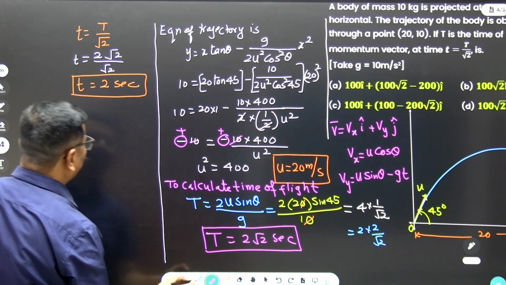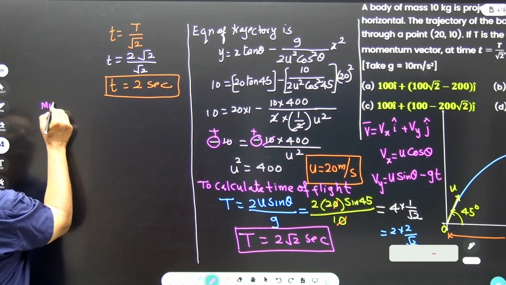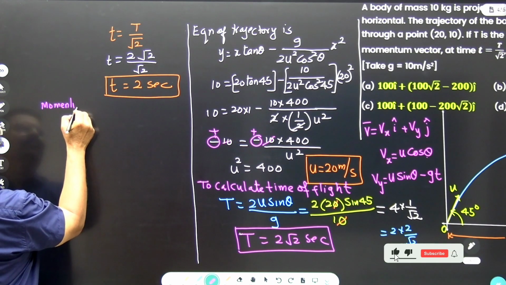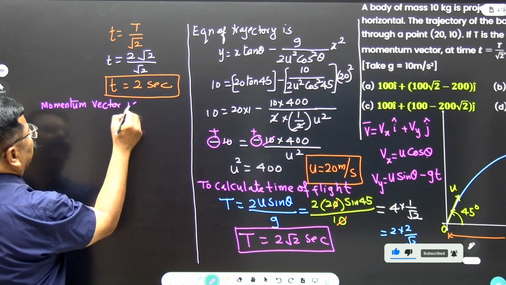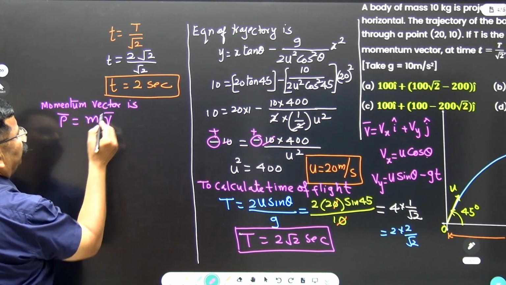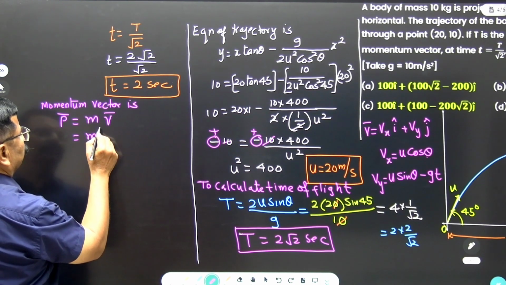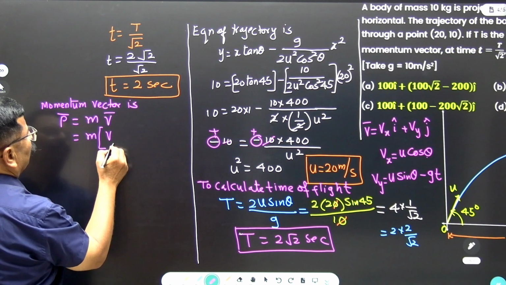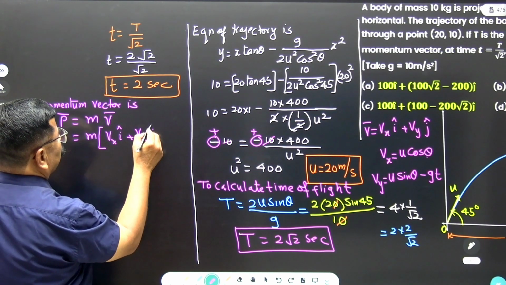Now what is the formula for the momentum? The formula for the momentum vector is vector p is equal to m into vector v. So this is m into (vx i cap plus vy j cap).